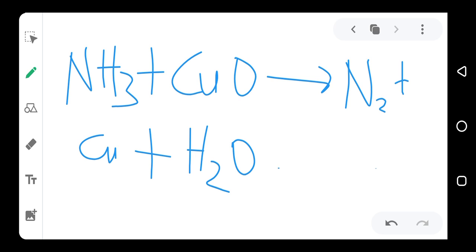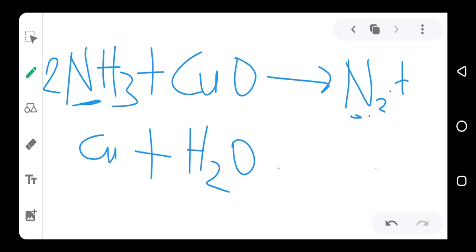Now we want to balance. How many nitrogen atoms do we have? We have one here and we have two here. So we have to balance. Let's put 2. If you put 2 here, we now have 2 nitrogen atoms and 2 nitrogen atoms in this place.